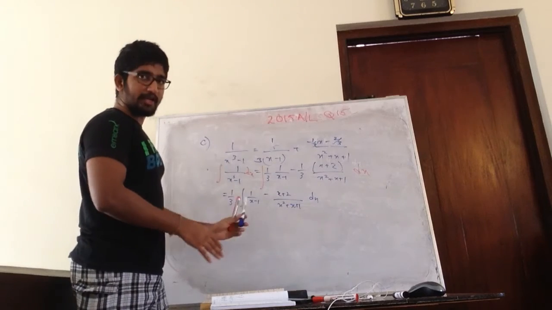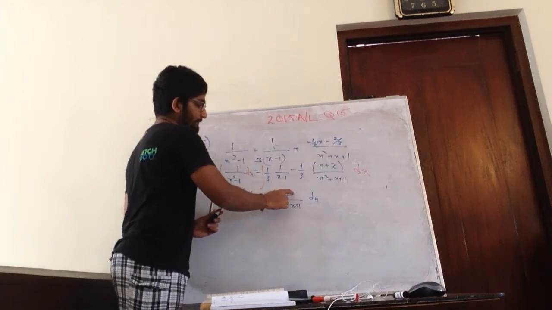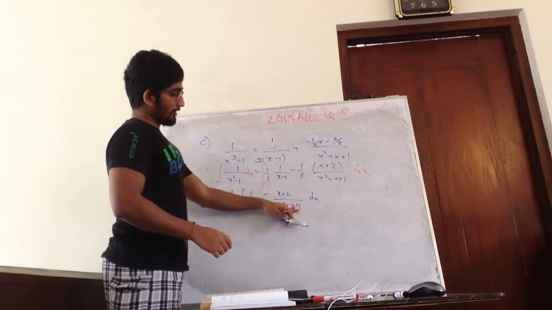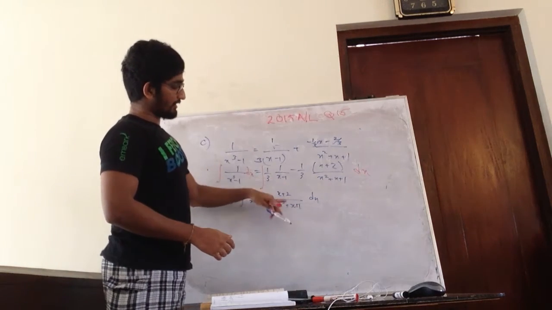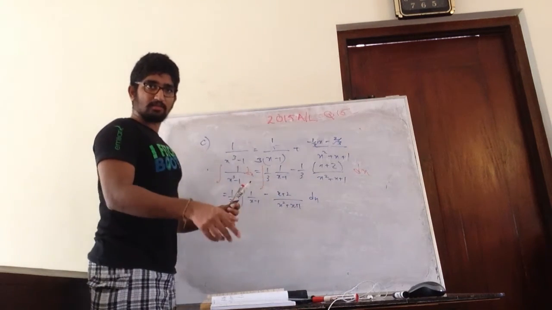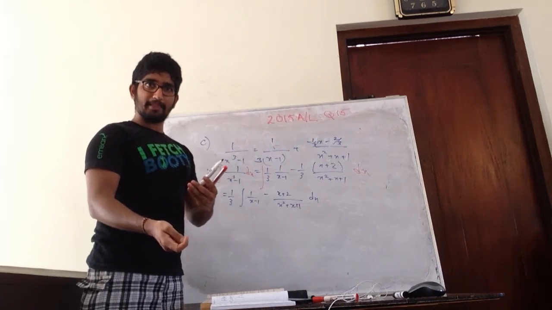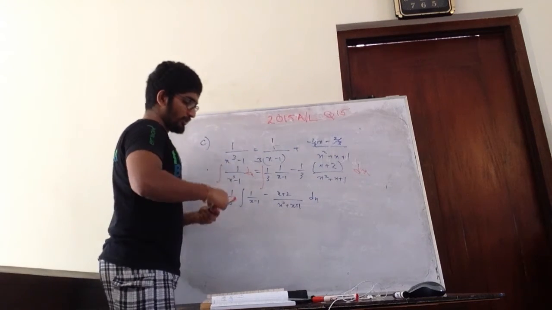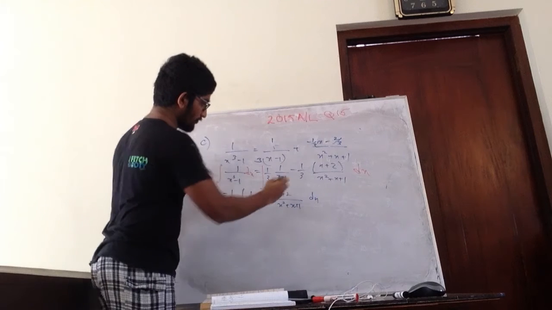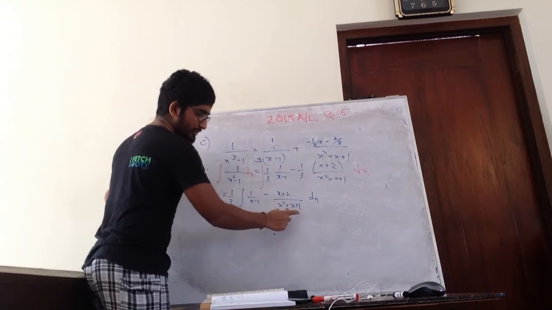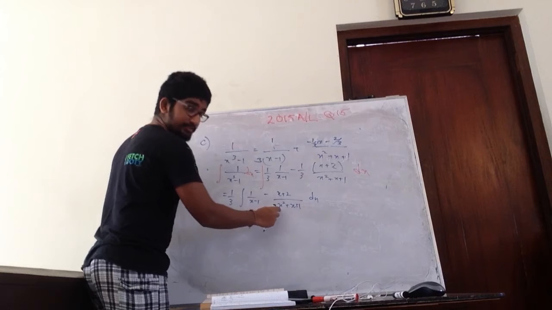So I know that I can do that. But here, when there is a power less than this, you can always try to convert this into the ln form. So what I am going to do here is write this x plus 2 as lambda times the differentiation of this. What is the differentiation of this?